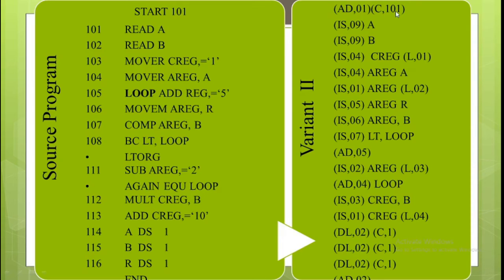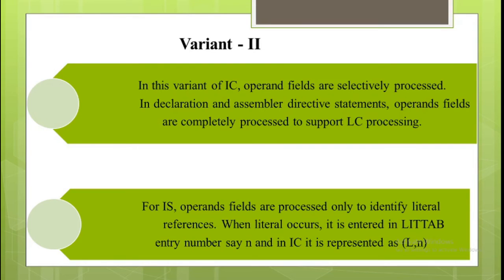The next instruction has location counter 101 and the instruction is READ A. For this imperative statement, the operand fields are processed only to identify the literal references, and when a literal occurs, it is entered in the literal table at entry number, say n, and in the intermediate code it is represented as L, n.